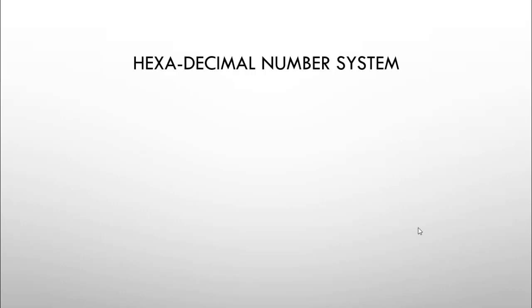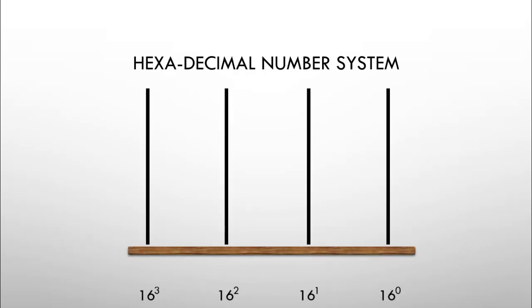Let's now represent the hexadecimal numbers. This is the counting frame. So 16 to the power 0 to 16 to the power 3, we have here 1, 16, 256 and 4096. Since the base value is 16, we can go from 0 to 15. So I can use 15 beads in my representation.